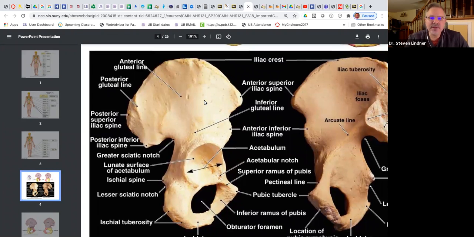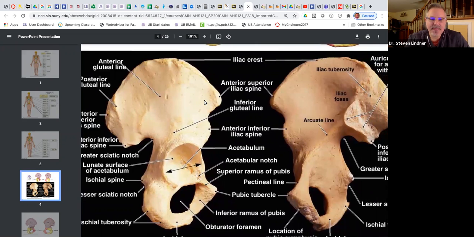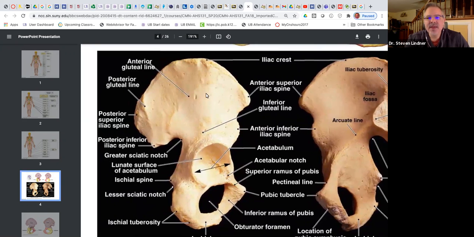Now, when we look at the os coxa, the very, very top of it is called the iliac crest. Okay, this is the iliac crest. It's kind of like where your belt would rest. The belt line is the iliac crest. And when you follow the iliac crest anteriorly, it takes you to a prominent little bump here.